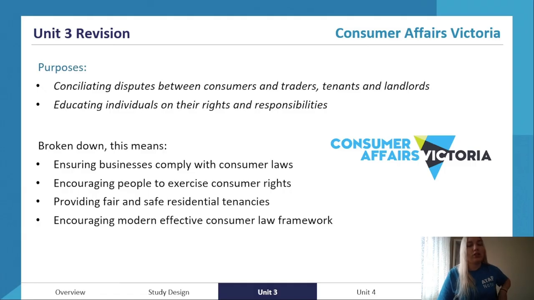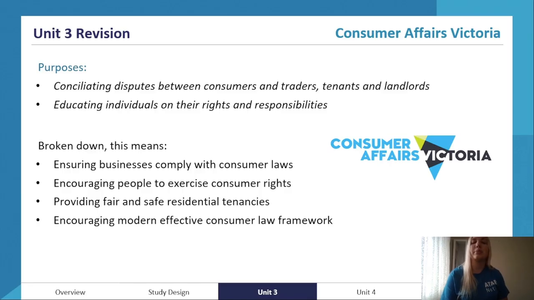Now, the two bodies we need to know are CAV and VCAT in the civil justice system. CAV uses conciliation as its dispute resolution method, and its specific jurisdiction is disputes between consumers and traders and tenants and landlords. Specifically, they only help consumers.